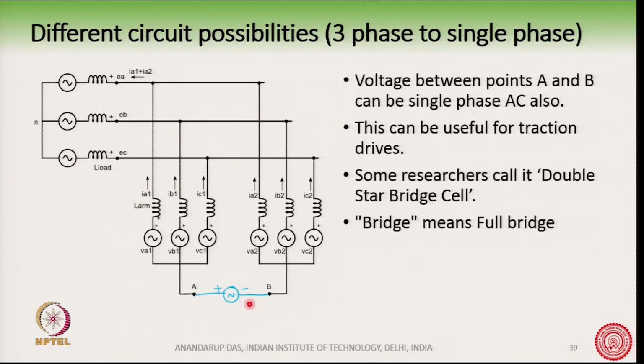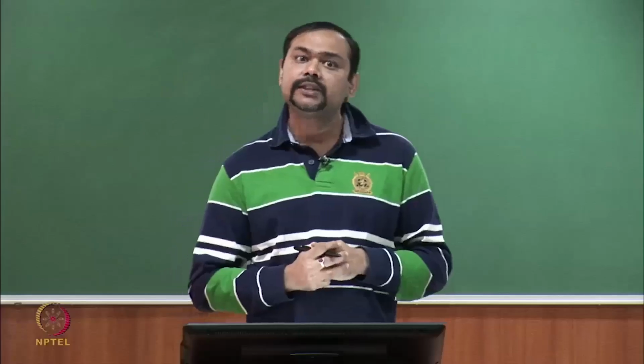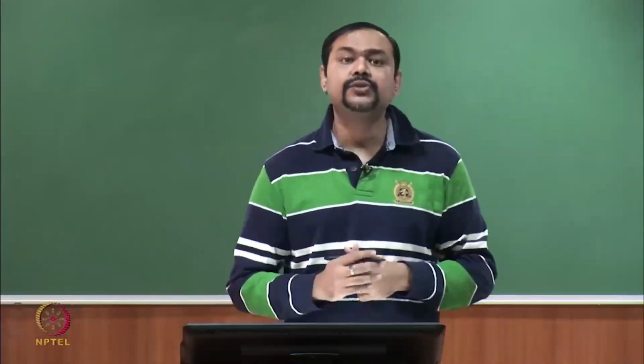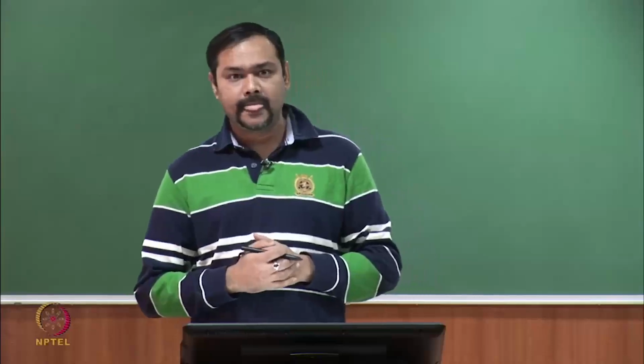It can be applied in traction drives. For example, in India we have 25 kV single phase 50 hertz traction lines, and suppose we want to drive a 3 phase load. It is possible to use such a converter directly.